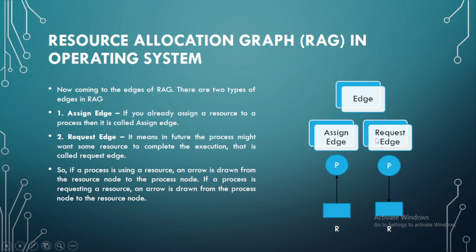A request edge means that in the future the process might want some resource to complete its execution. If a process is using a resource, an arrow is drawn from the resource node to the process node. That is an assign edge. If a process is requesting a resource, an arrow is drawn from the process node to the resource node, and that is a request edge.